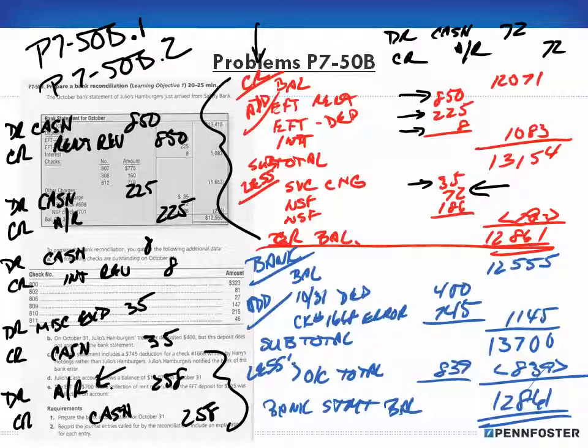All we're concerned with in our general ledger account is the amount, making sure that it's the correct amount going in. But when I make this entry to the accounts receivable, I also have to make the reversing entries to the subsidiary ledgers, right?